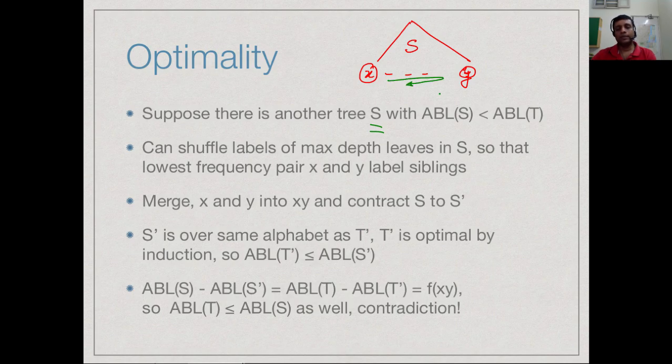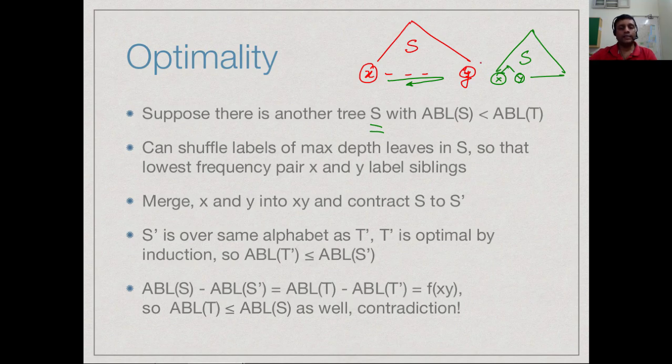At this depth, I can reassign letters to other leaves at the same depth, so I come to a new S, which I call S again, where I actually have x and y together. So I can assume that the S that has this optimal property, which is better than the T I constructed, actually has x and y as sibling leaves at that maximum depth.